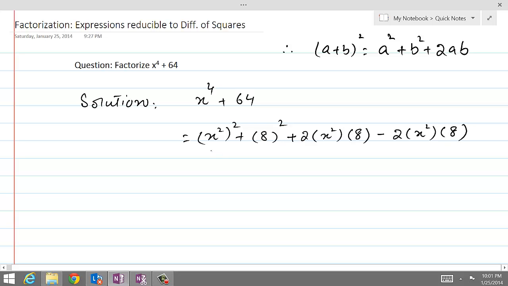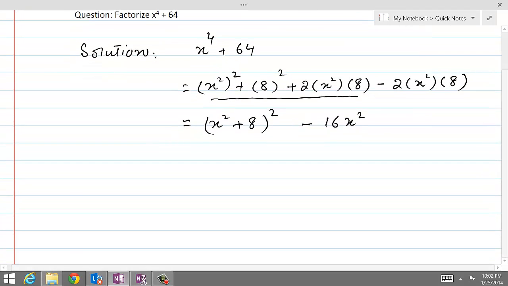Now by combining these three terms, we can see that this is a perfect square of (a + b)², where a is x² and b is 8. So this can be written as (x² + 8)² minus 2 times 8, that is 16x².